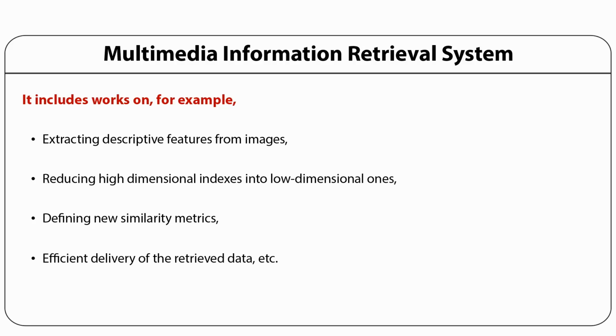That is, the data which is retrieved should be delivered to the user in a proper format. It involves work like what could be the best way to display the results which are obtained, what could be the best way to sort, or what other ranking mechanisms can be helpful for the delivery of the retrieved data.